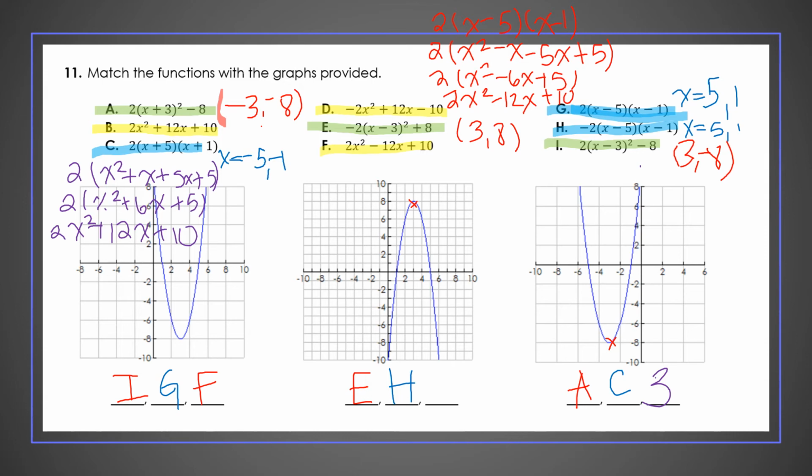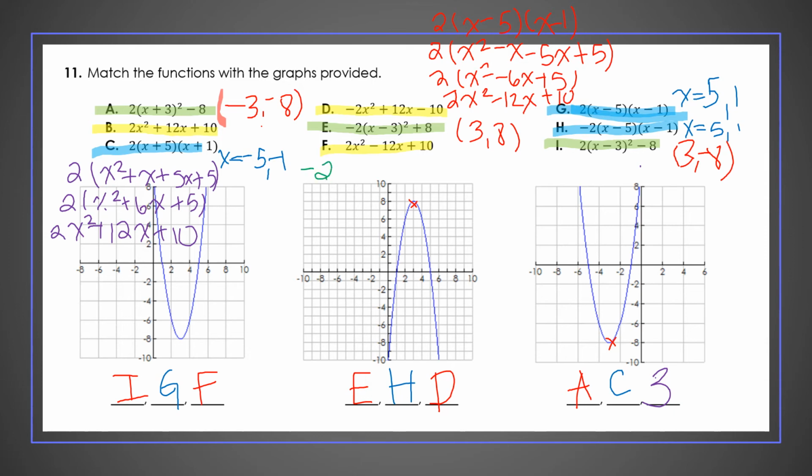D should definitely be the second graph because it is opening down, and that is the only graph that's opening down. But if we take the intercept form for H and FOIL it, we should get the correct equation.